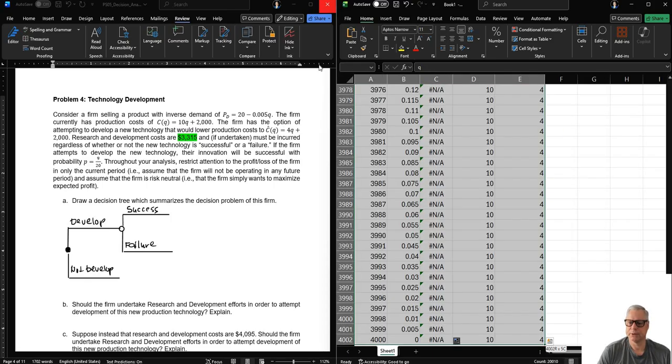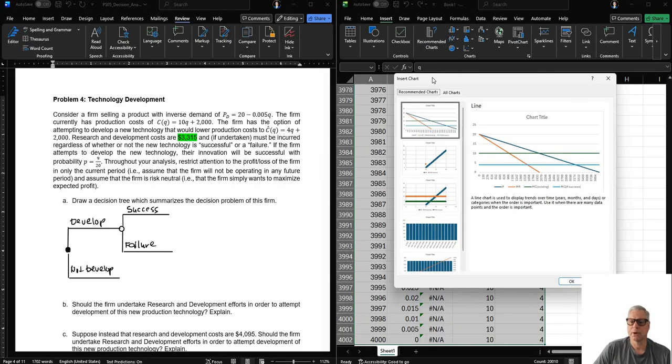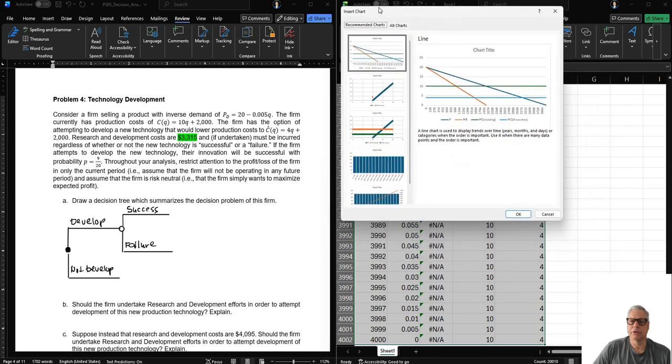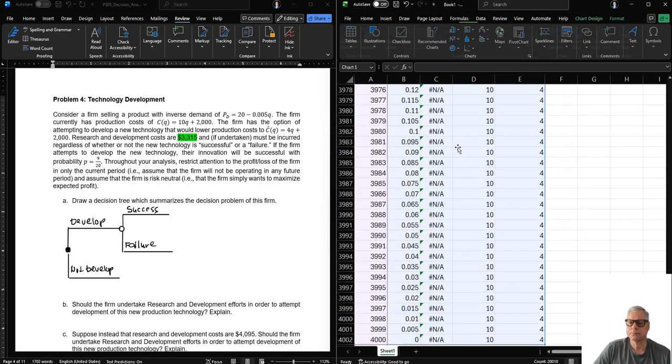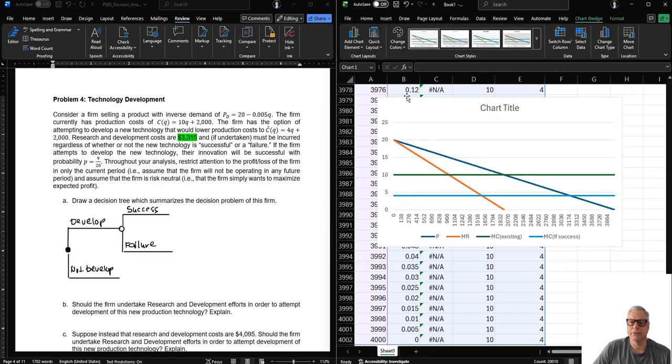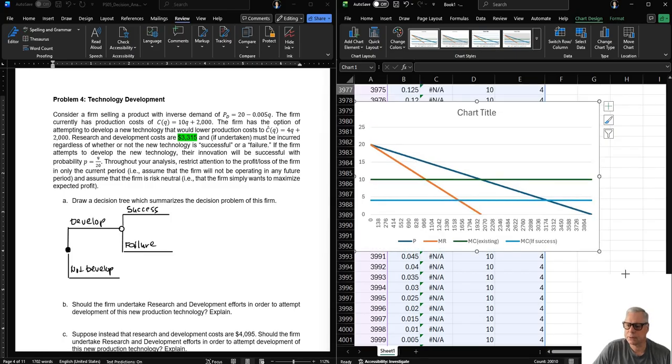So let's highlight all the data, insert recommended chart, and let's put that up here. Okay, so now we have here our chart.